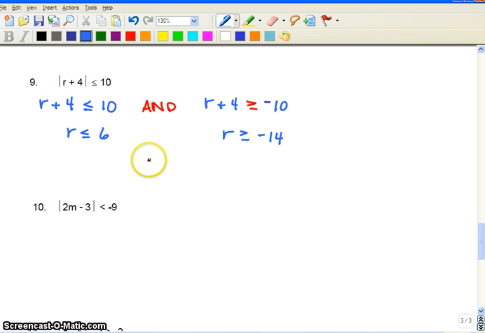Anytime you have an and problem, you have to write it, or you try to write it, as an in-between problem. The smallest number needs to go on the left, so that would be -14, and the bigger number, 6, would go on the right. Now, is it pointing at the right stuff? Here we're pointing at the -14. Up here, good, we're pointing at the -14.